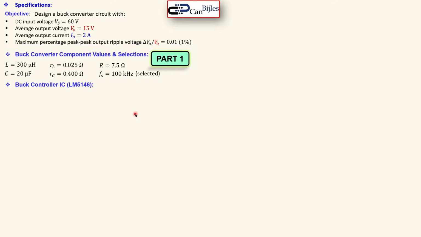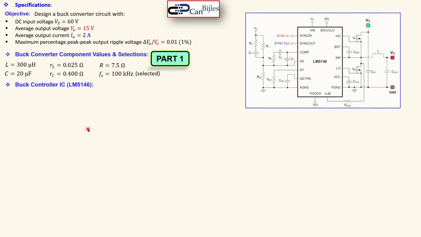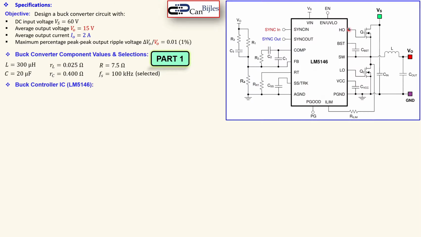Now the buck controller itself, IC, I have chosen the LM5146. And that is the following. You see here the chip with some inputs you can use in order to create your controller.